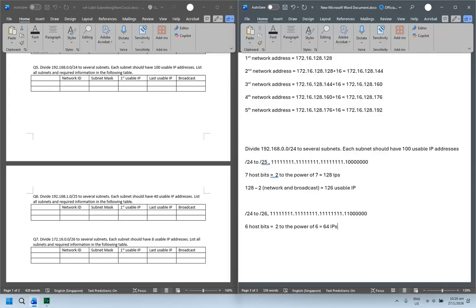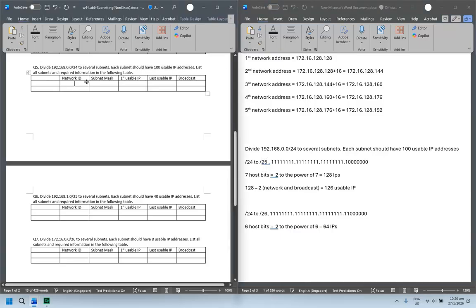So I don't even need to go to the next step to calculate the usable, because the total of 64 IP addresses cannot even fit my 100 usable IPs. So it means that for this question, I will be using the /25 subnet mask.